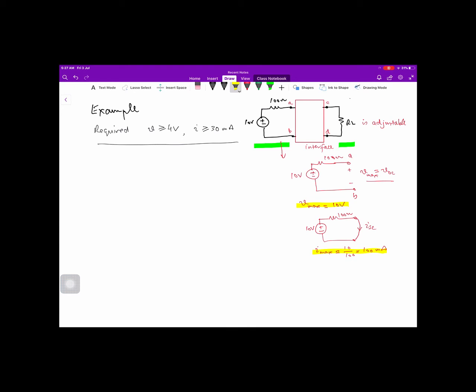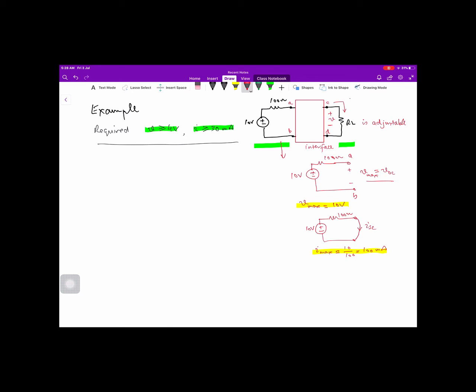Because the load is adjustable, we are free to choose any appropriate value of the load resistance to meet these two given conditions. The two conditions are on the current flowing through the load and the voltage which appears across the load, across the CD terminals.